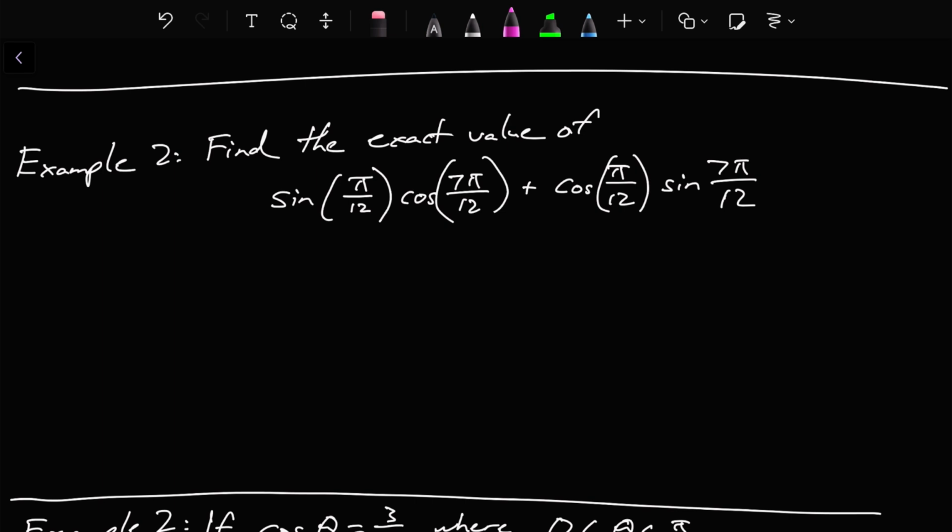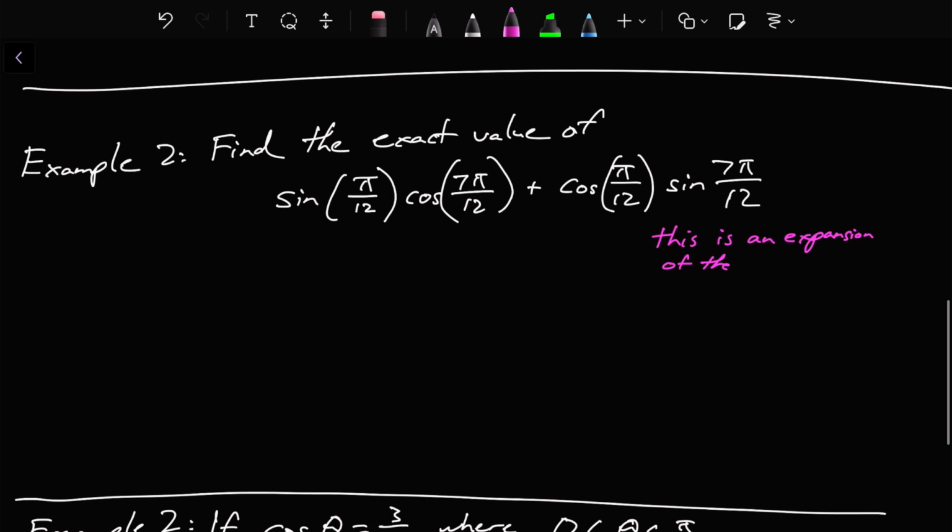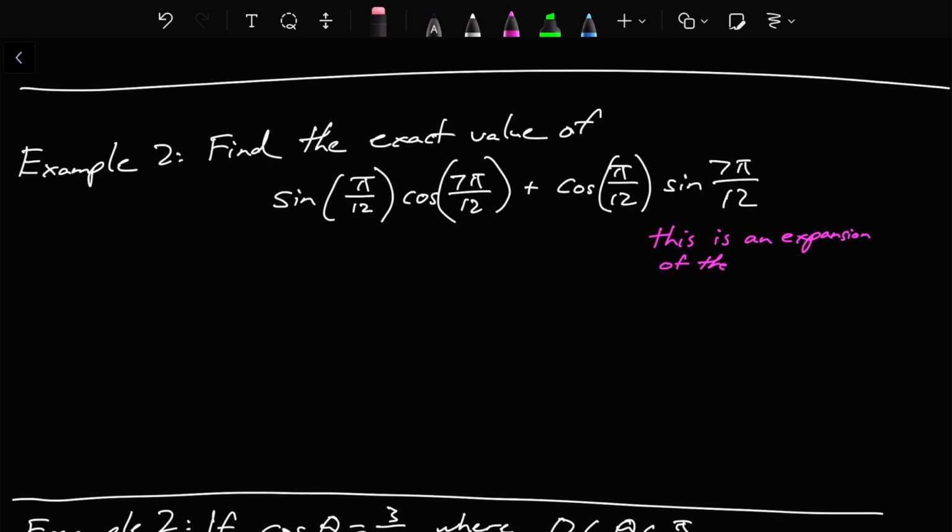So here we recognize this is an expansion of the compound angle formula for, and you can just check your formula sheet, sine of a plus b.